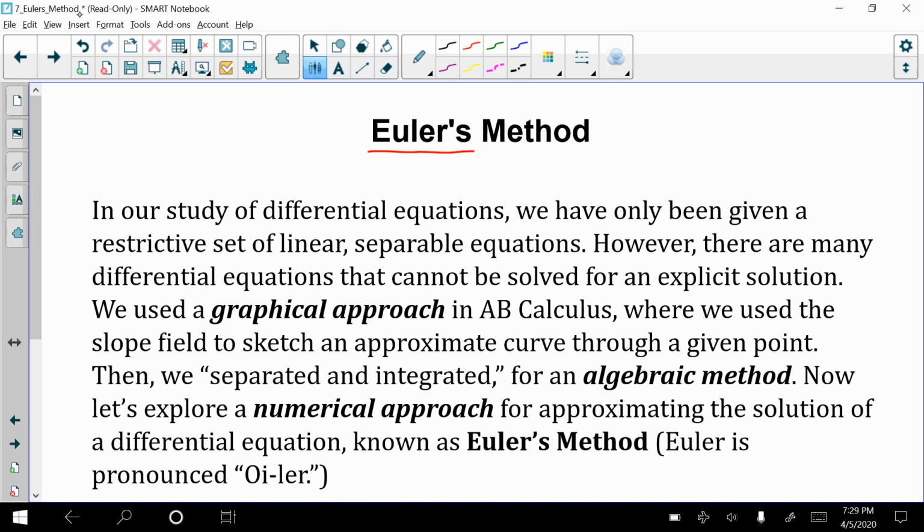In your study of high school math, you may have heard the term the Euler line in geometry as it relates to triangle centers, meaning the incenter, orthocenter, circumcenter, and centroid.